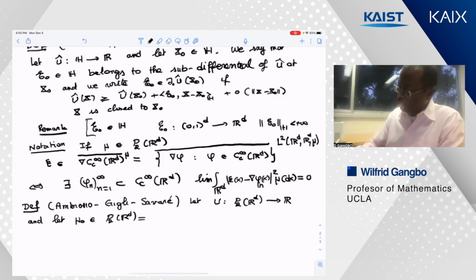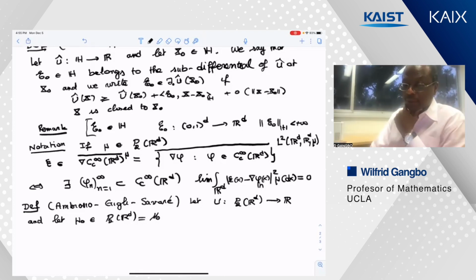So I want to view the set of probability measures as a manifold. I have not told you yet why I expect to have a manifold structure, but this is where I want to get eventually.